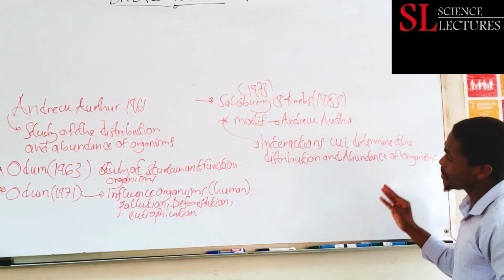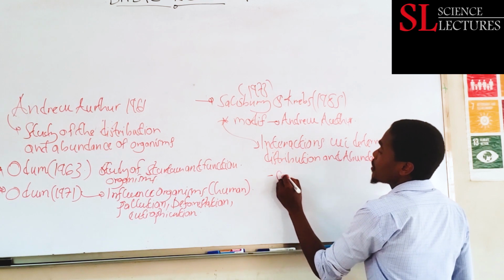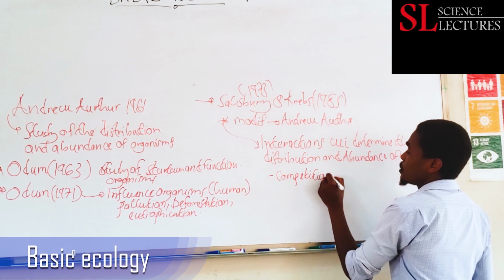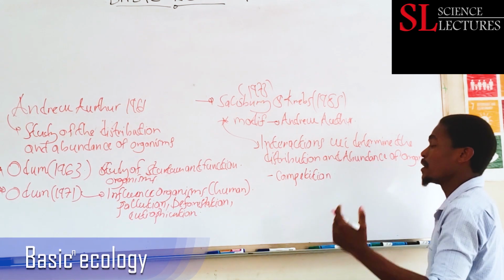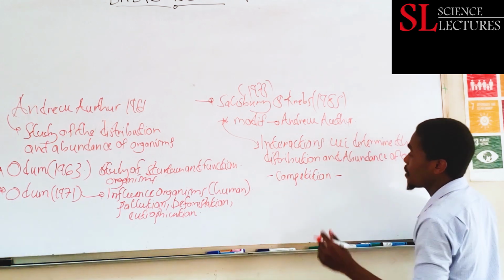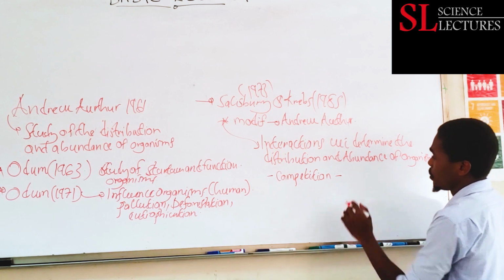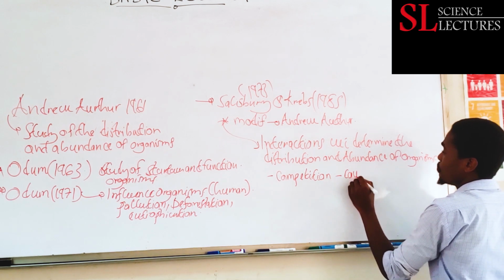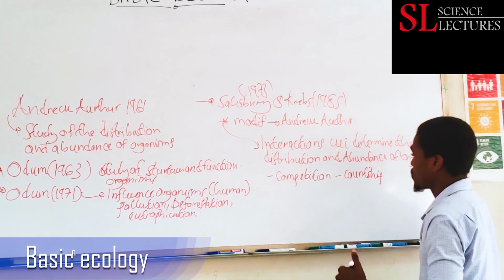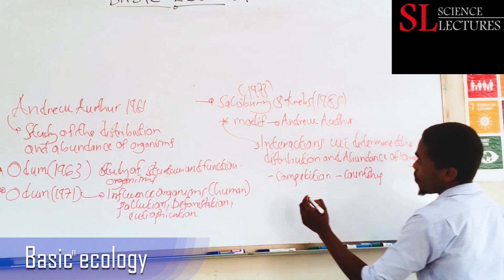These scientists gave some examples of these interactions, and they include competition, because competition is an interaction. It is either intraspecific or interspecific competition. Then another thing they looked at was courtship, the courtship ability of specific organisms such that they can reproduce and give birth to more young ones.